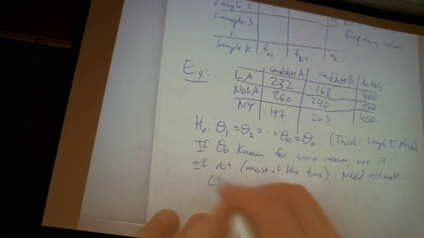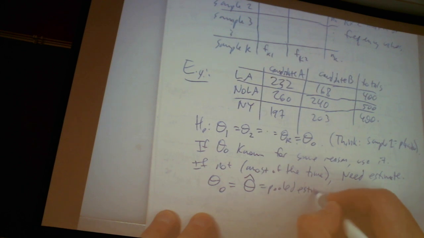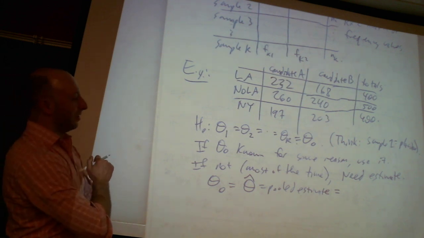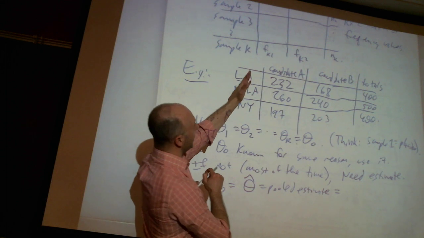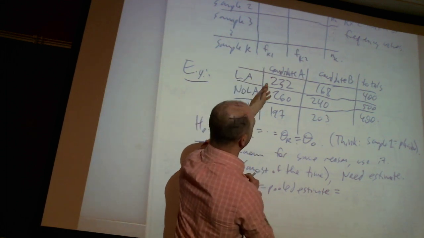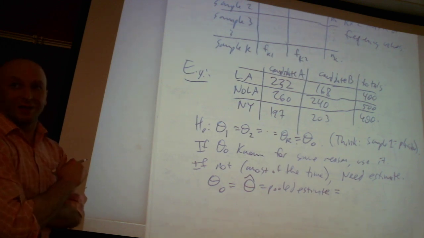So we just take a weighted average. This is called the pooled estimate. What should our pooled estimate be? Well, we've seen all of these observations, all of these successes and failures, and we know what the totals are.